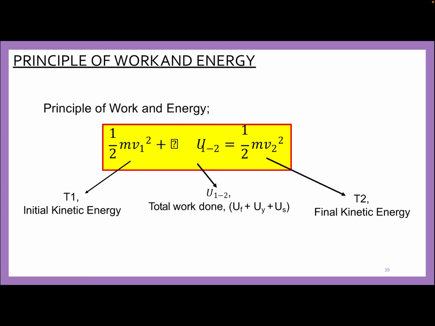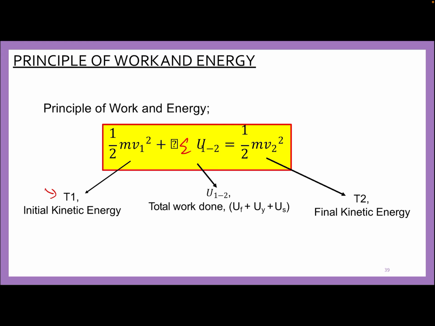So the principle of work and energy equation is half m v1 squared plus the summation of work from 1 to 2 equals half m v2 squared. Half m v1 squared is also known as T1, which is the initial kinetic energy.